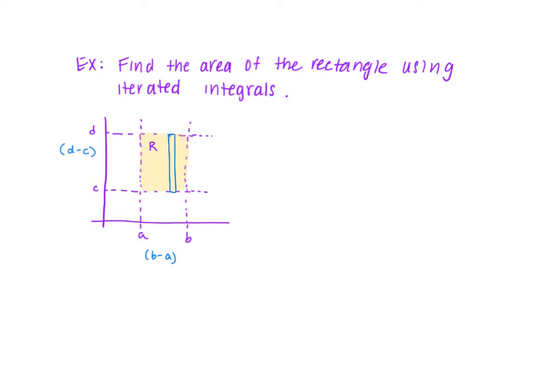So I'm going to take the integral with respect to y first, and y goes from c to d, and x goes from a to b. And so now I'm going to do the inside integral first, right here. So the integral of that is y from c to d. So that becomes d minus c. And then I'm going to take the integral from a to b dx.